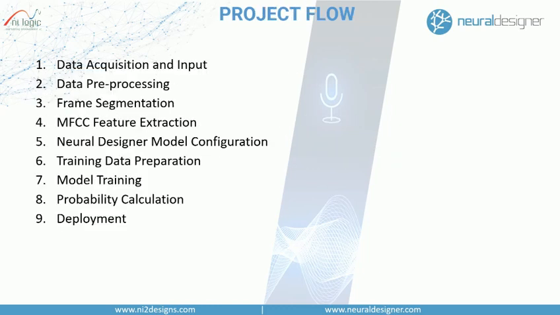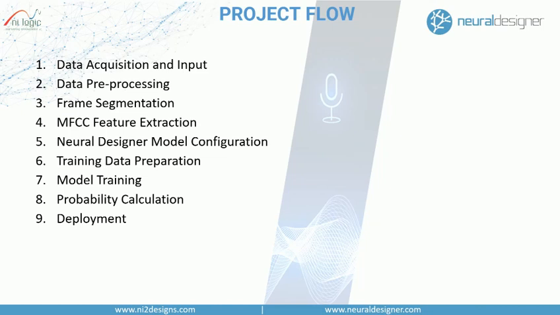Coming on to the process flow, these are some steps we used while making the project. Firstly, we collected some data input, then applied some filtering to improve the data. Then we divided the speech data into frames, and then we extracted the MFCC values for each frame.